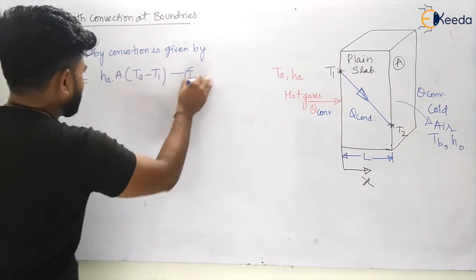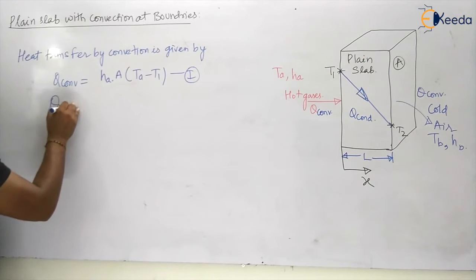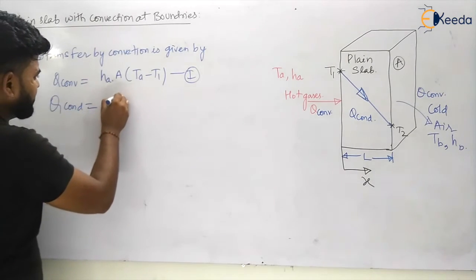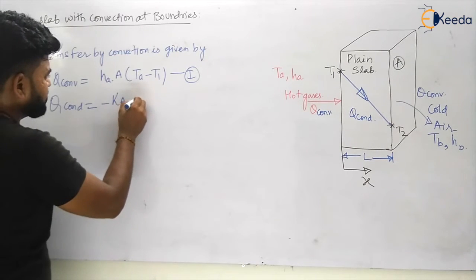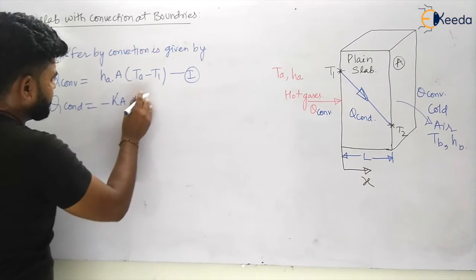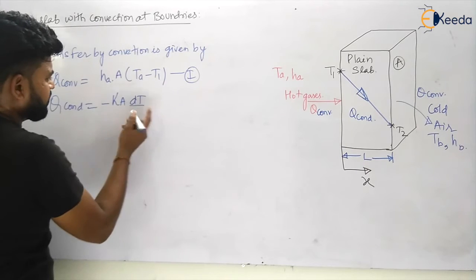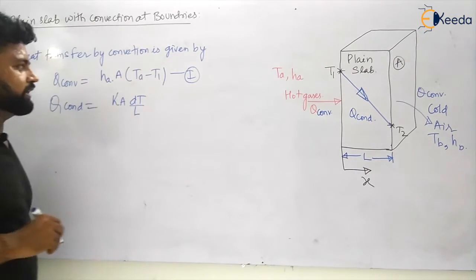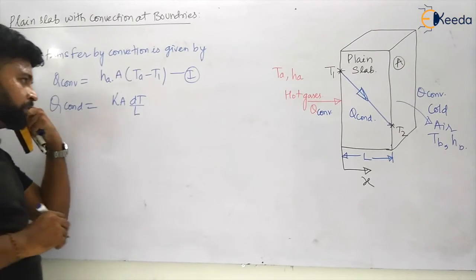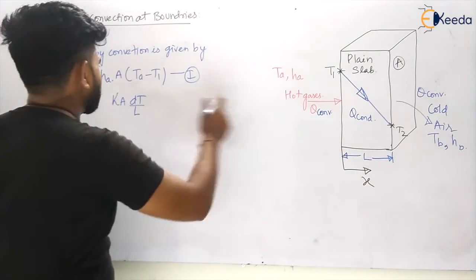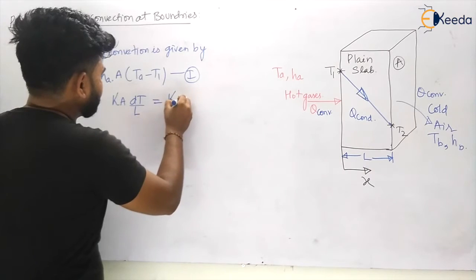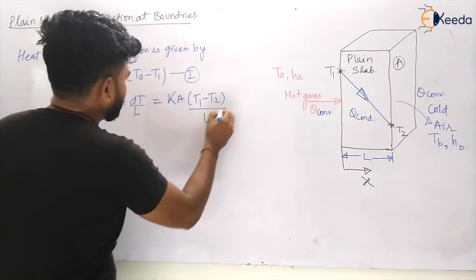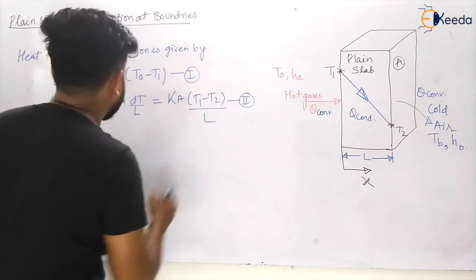So let us take this as equation number 1. So heat transfer due to conduction is given by Fourier's law. This will be given by minus kA dT by L. dT by dx we are generally taking, but now we have seen this can be written as dT by L. kA dT by L, in which I am taking T1 minus T2. So this can be written as kA into T1 minus T2 by L. Okay, let us take this as equation number 2.